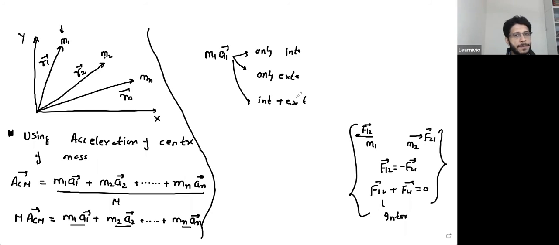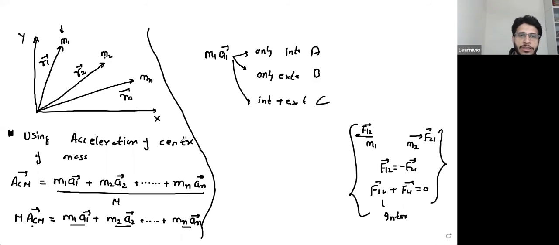Tell me. Just read the statement that I wrote in the previous slide. In the first line, I wrote that internal force can affect the motion of individual particles, right?